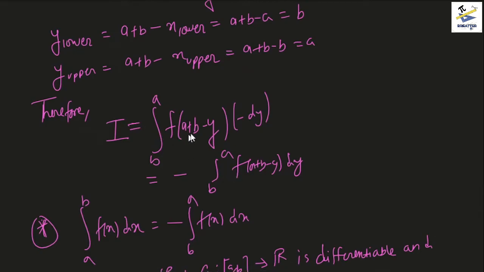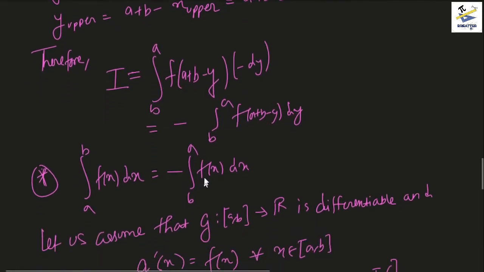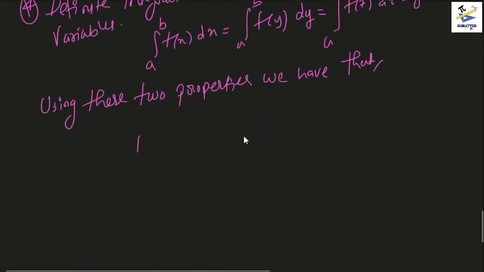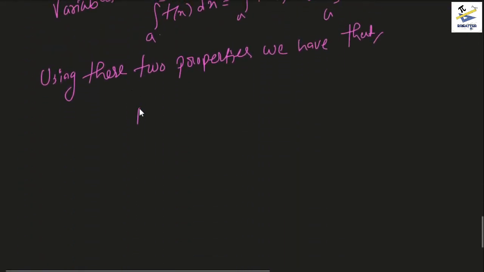So I equals a to b f of a plus b minus y dy, and it became minus a to b f of a plus b minus y dy. So we had proved that I equals minus b to a f of a plus b minus y dy.